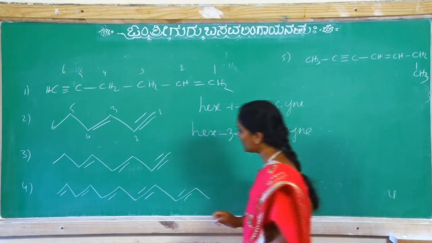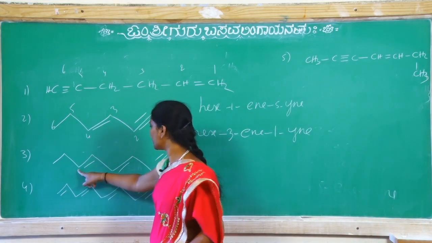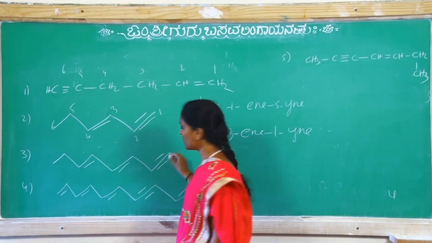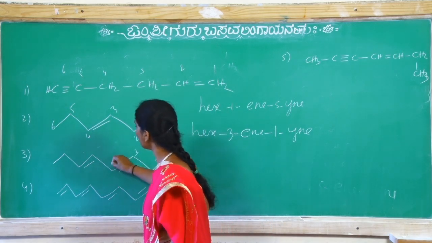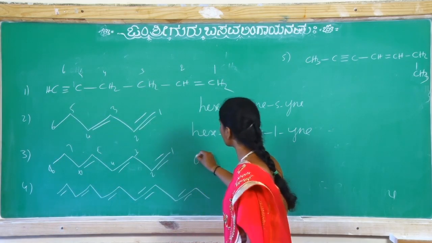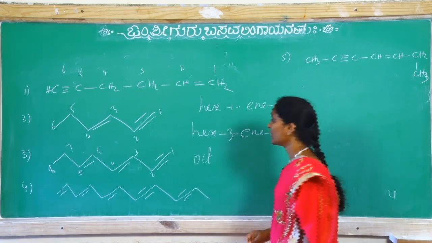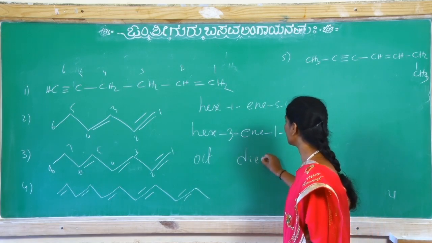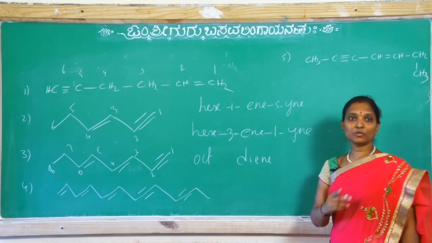And next one, sum 1, 2, 3. This side 1. This side only is least. 1, 2, 3, 4, 5, 6, 7, 8. Eight carbons, oct. First yne, then ene. Diene: two double bonds.